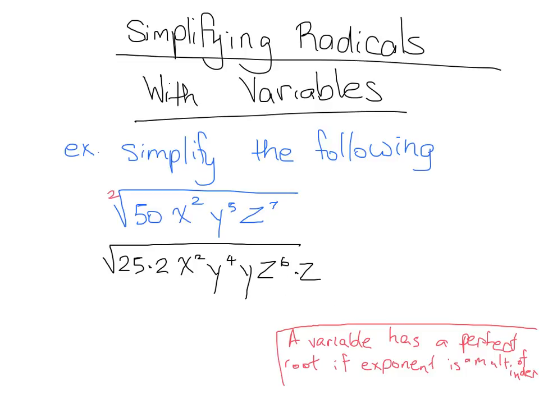I'm going to rearrange this. I'm going to put everything with a perfect root on one side and everything else on the other side. This is the commutative property, so I'm totally allowed to rearrange it. 25 has a perfect root, so does x squared, so does y to the 4th, and so does z to the 6th.